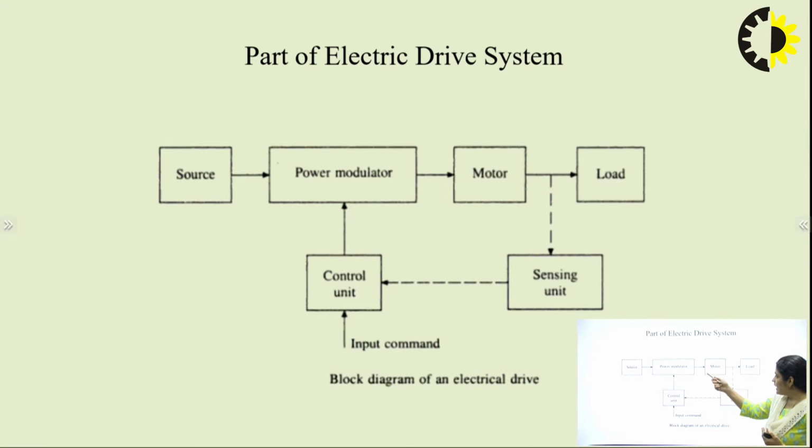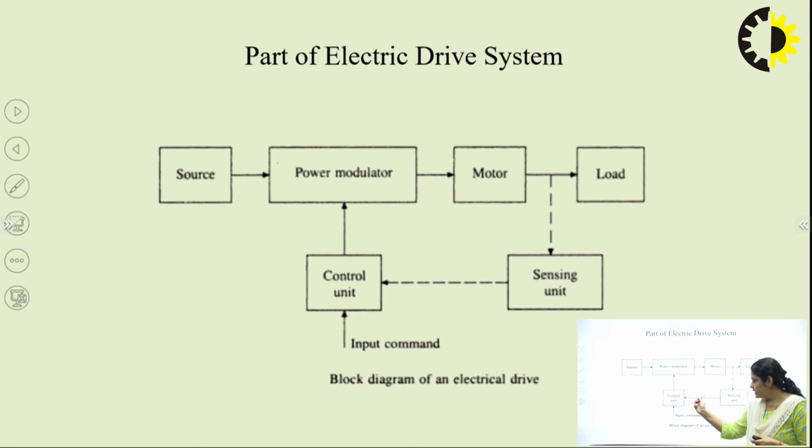And how does this work? Suppose you are running a load at a constant speed or some speed. It is sensed by the sensing unit, and it generates the control signal by taking the reference as this, and this is the real time data.